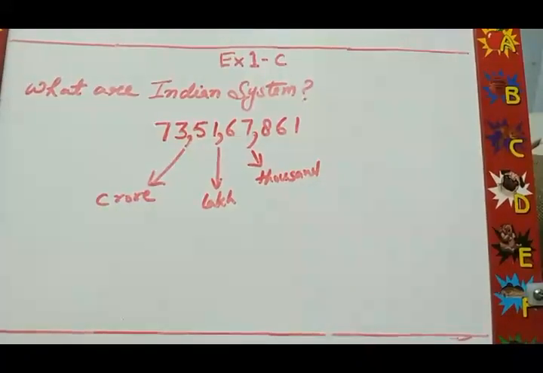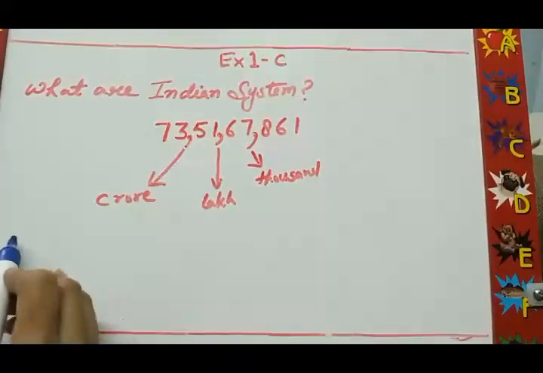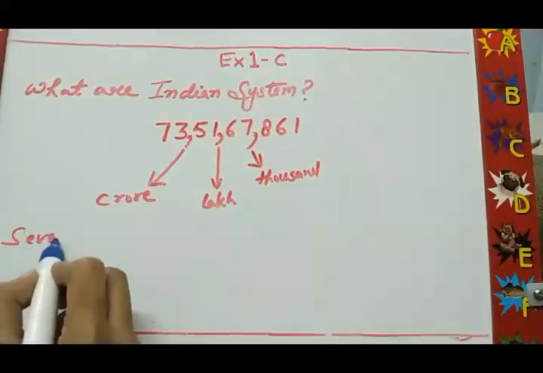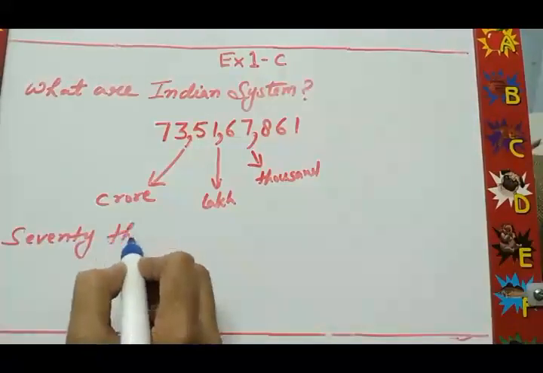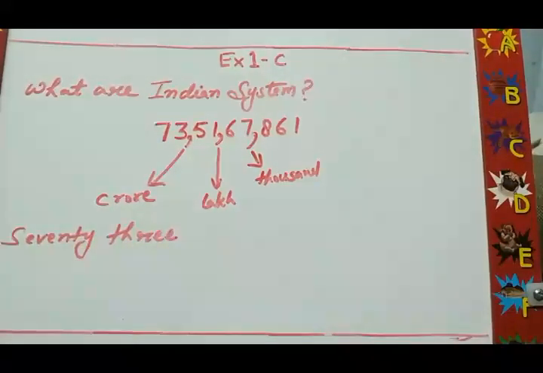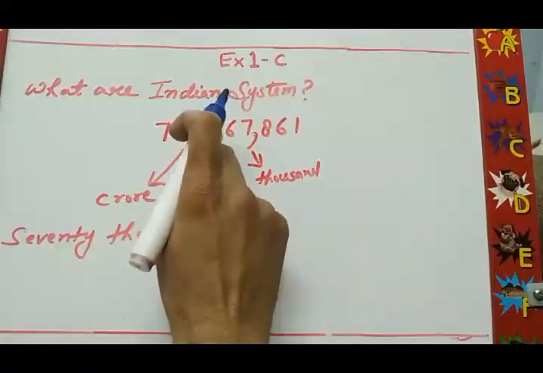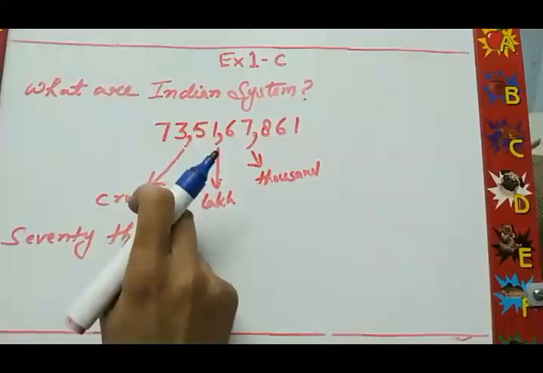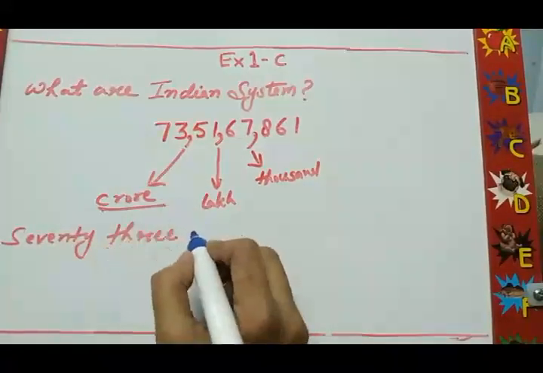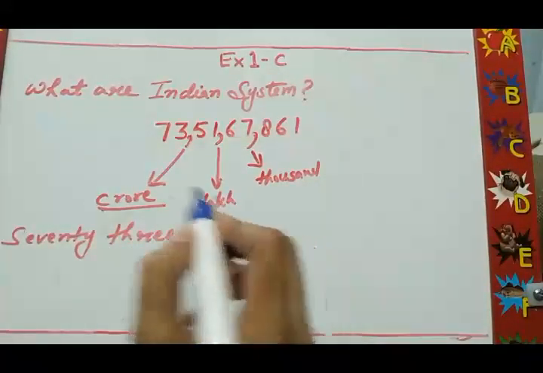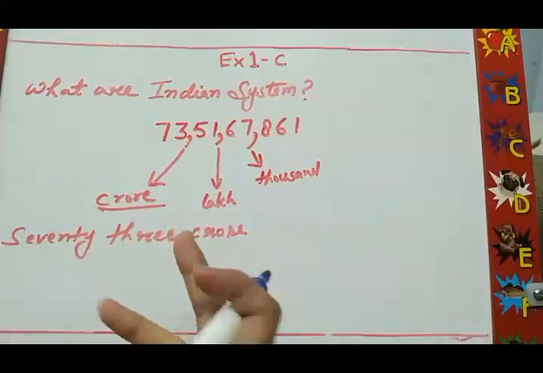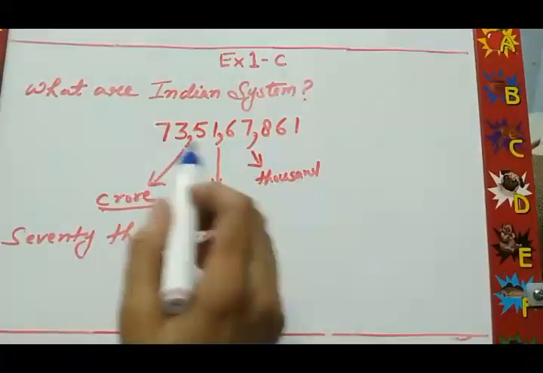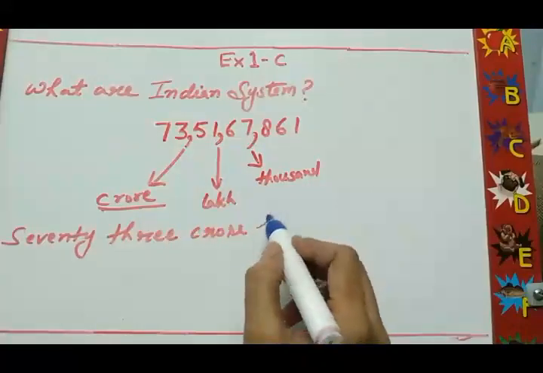So we will start from the left hand side. First of all, we will write 73 in words. Then we will write the first comma from the left hand side in words, that is crore. Then we will write the next numerical value between the commas, that is 51.